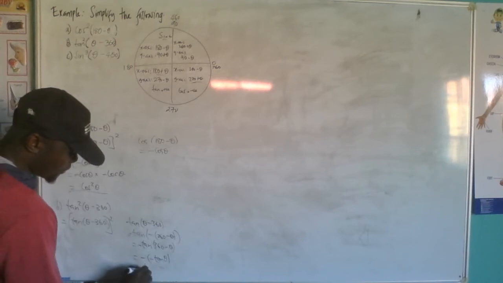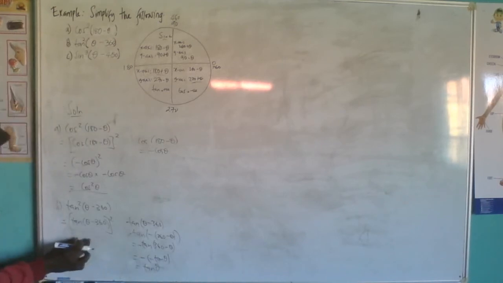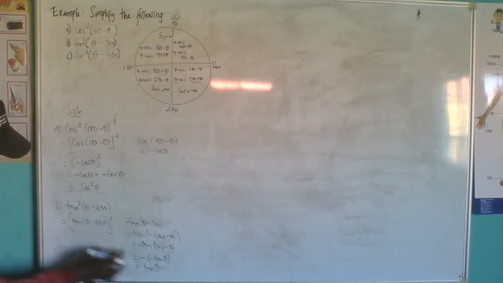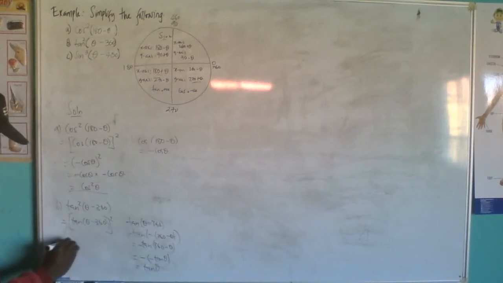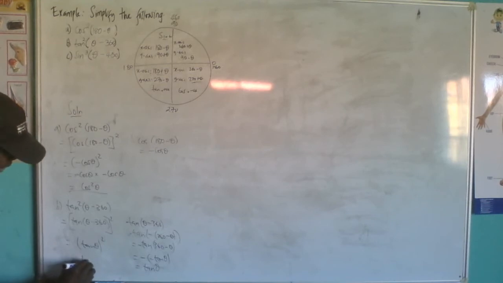Negative times negative becomes tan theta. So I come and say this is tan theta to the power of 2, which is equal to tan squared theta. And that's the answer.